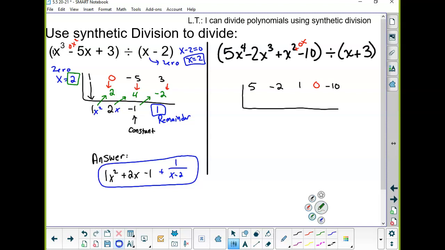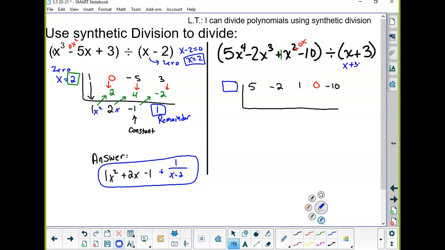Remember, if it's just a single term like x squared, you can always sneak a 1 in front, because there's always a 1 present if the variable's there. And then what number is going to go right out here? Negative 3, right?